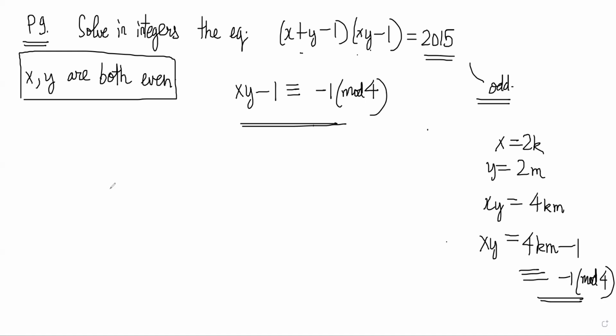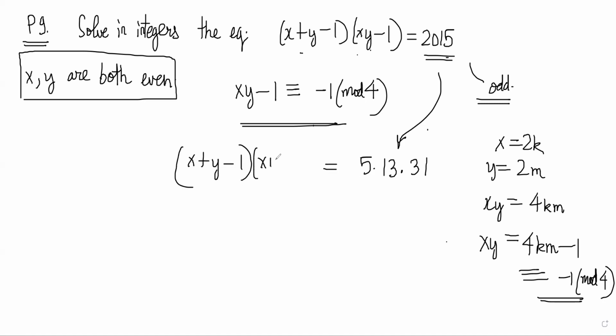And 2015, if we think about the factorization of 2015, we have that as 5 into 13 into 31. You can do that yourself and see. And we have here x plus y minus 1 times xy minus 1.